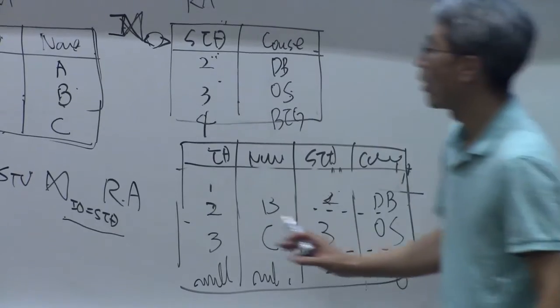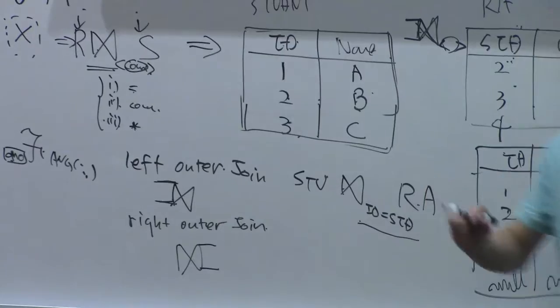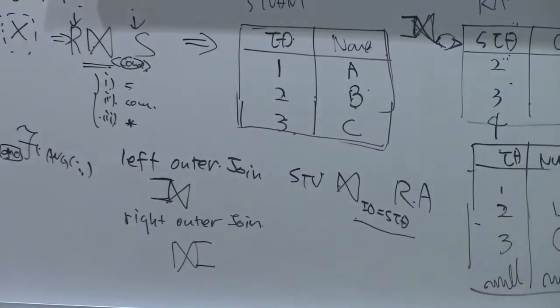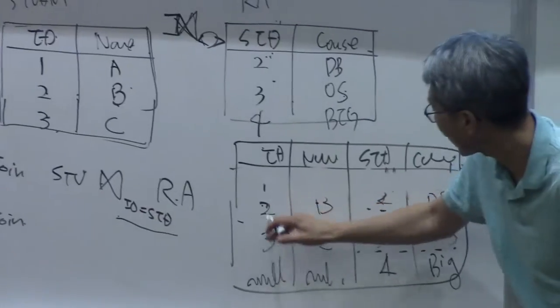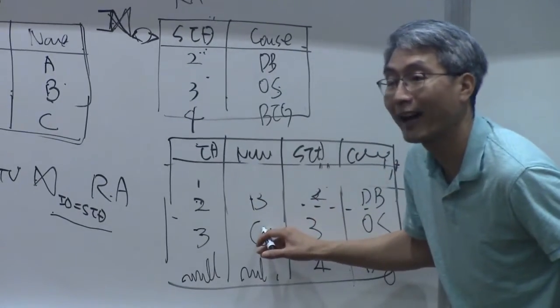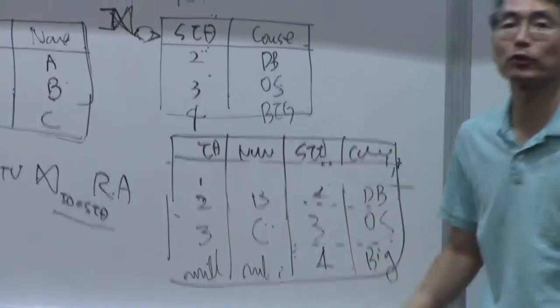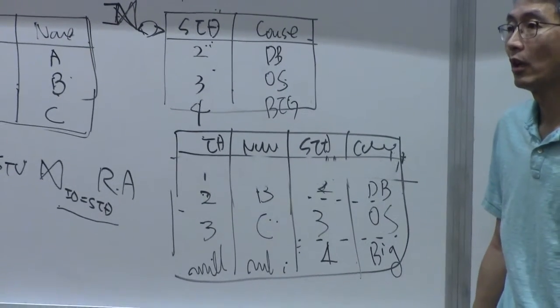This is called the right outer join. The symbol is like this, which means we will keep all of the right hand side relation. If matched, we can return the match information. Otherwise, if not matched, we can put the null data. It's the right outer join.